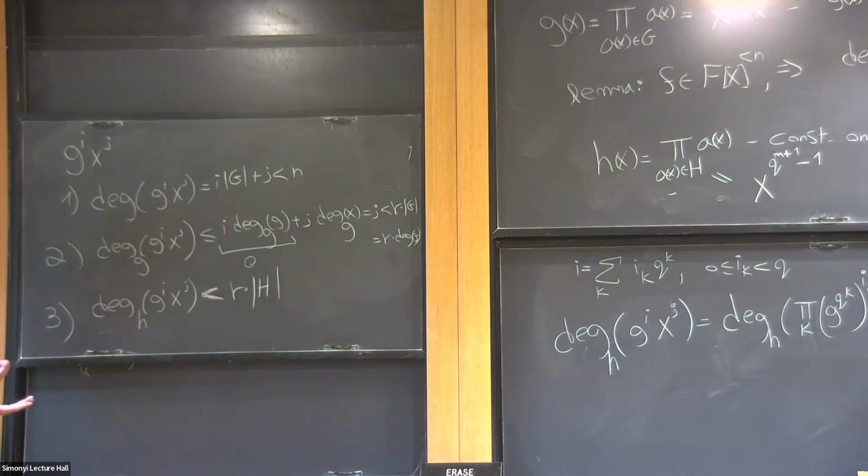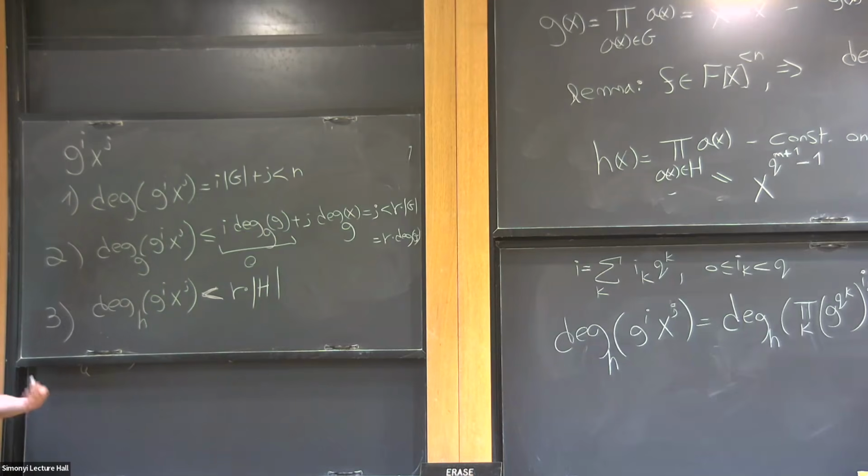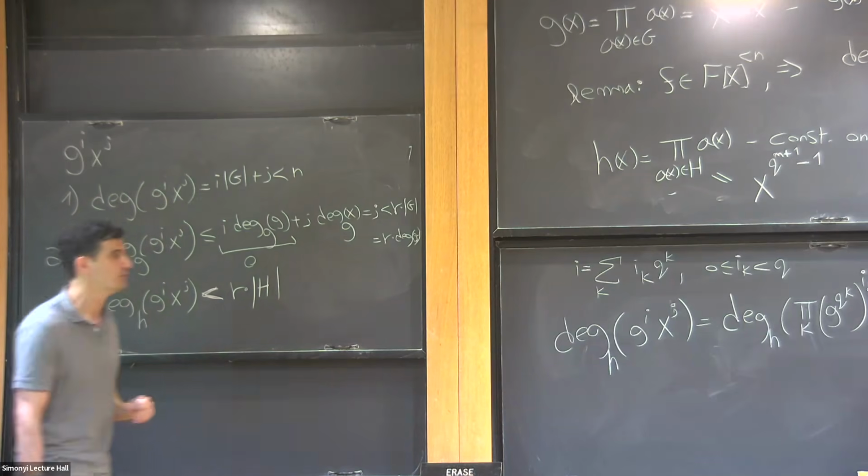My goal is to understand that for each integer between 0 up to n minus 1, there exists exactly one pair I, J such that the degree of this guy equals that integer. So among these pairs, I'm trying to understand the fraction of pairs that satisfy this and this. I'm assuming that I'm only looking at pairs I, J that satisfy this, and I'm trying to understand the fraction of them that satisfy 2 and 3. That will give me the rate of the code.